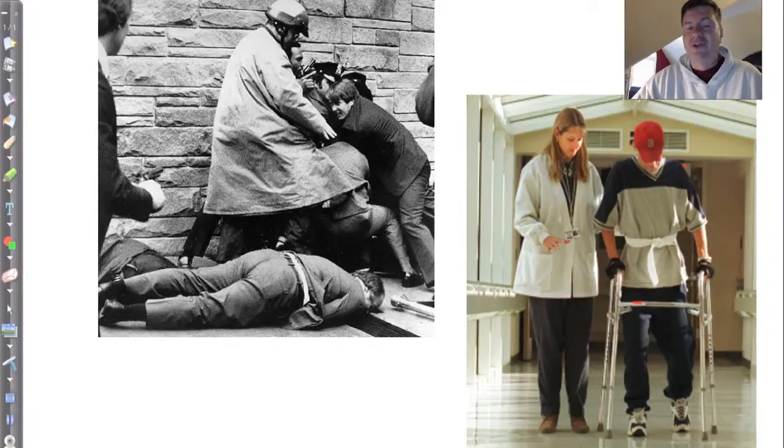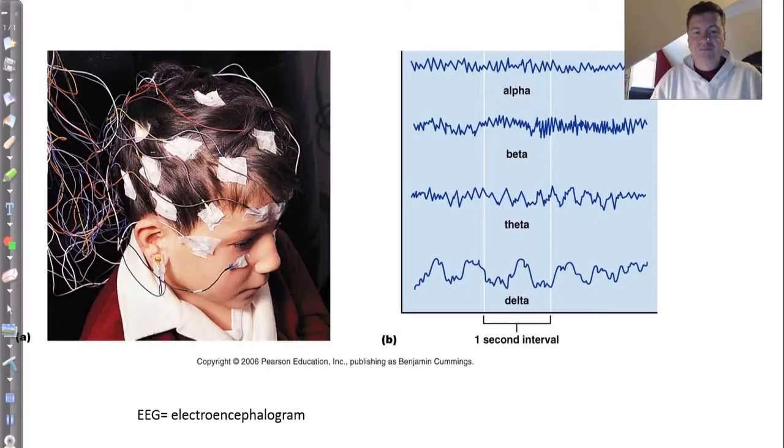We mentioned in one of the videos James Brady, President Reagan's press secretary. If somebody suffers any kind of brain injury, their deficits can sometimes help us understand better how the brain operates. If they have a specific injury, a specific deficit, then that helps us figure out that part of the brain must control that function.